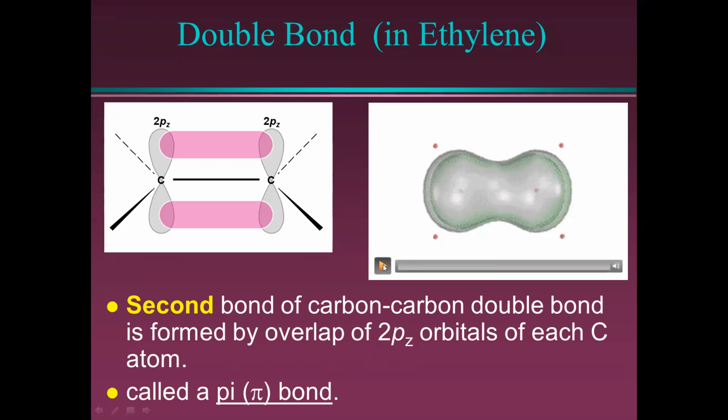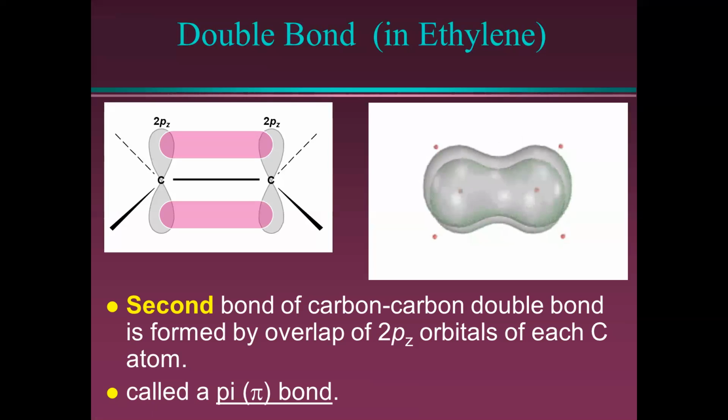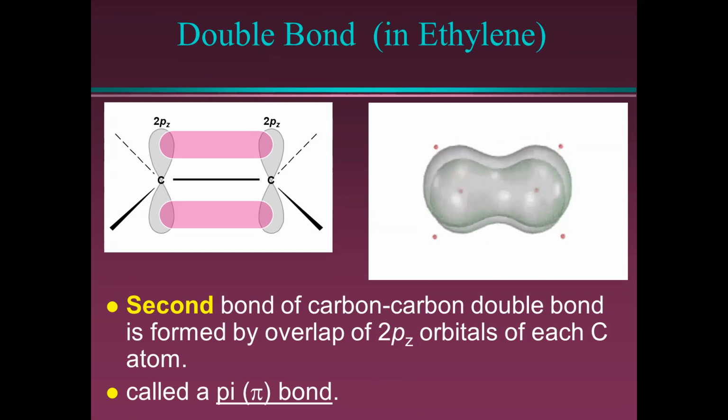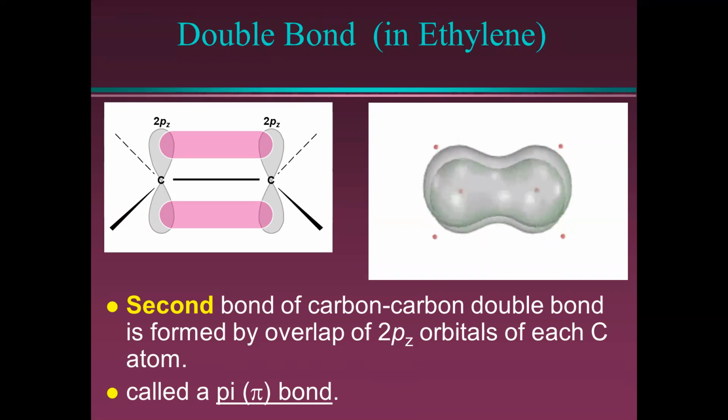Let's take a look. The pi bonds arise from the overlap of unhybridized p orbitals, 1 on each carbon. Note that pi bonding electrons are found in a region above and below the sigma bonding region. They are formed by the unhybridized orbitals, which are parallel, vertical.